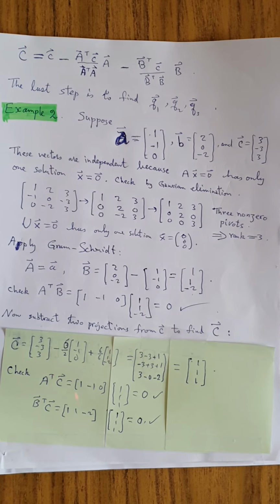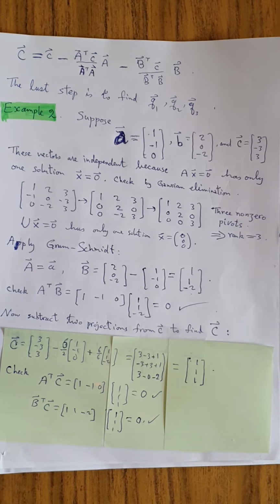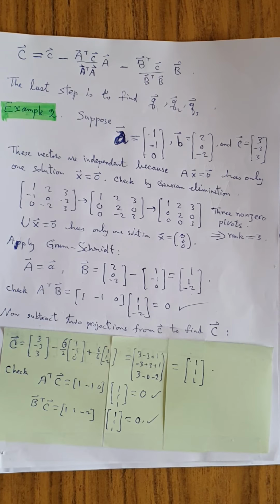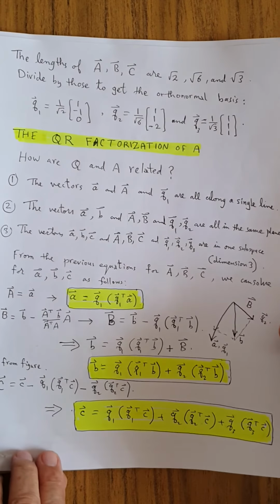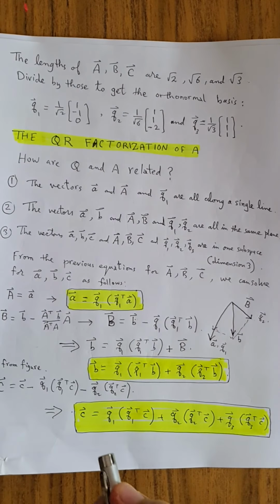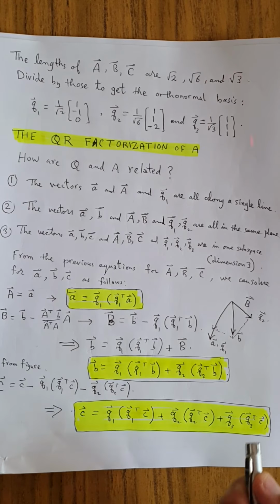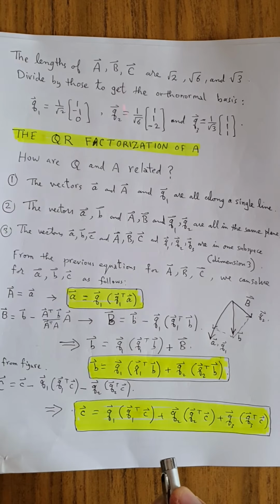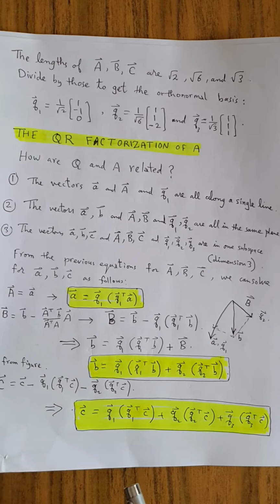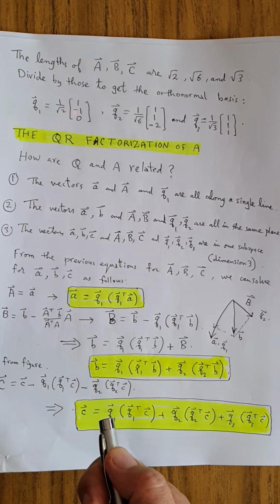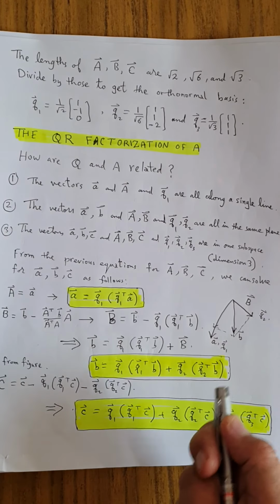Now check that A transpose C equals 0 and B transpose C equals 0. So they check. The lengths of A, B, C are root 2, root 6, and root 3. If we divide by those, we get the orthonormal basis, Q1, okay, and Q2 and Q3.